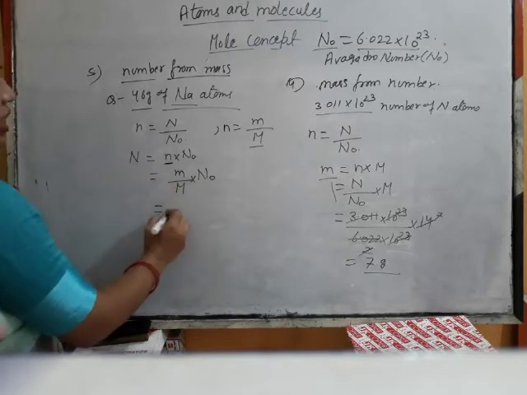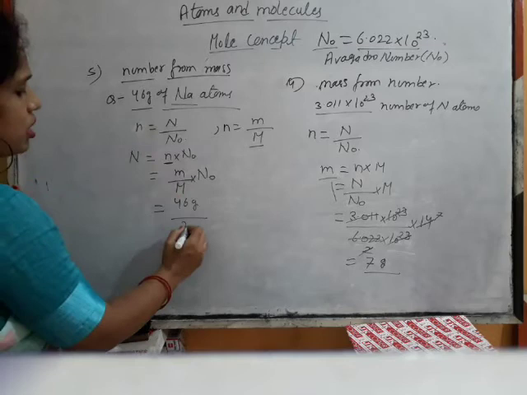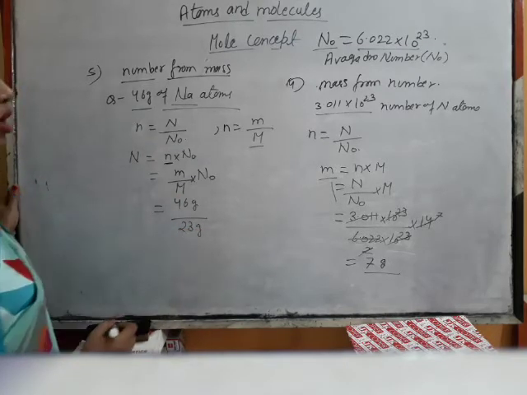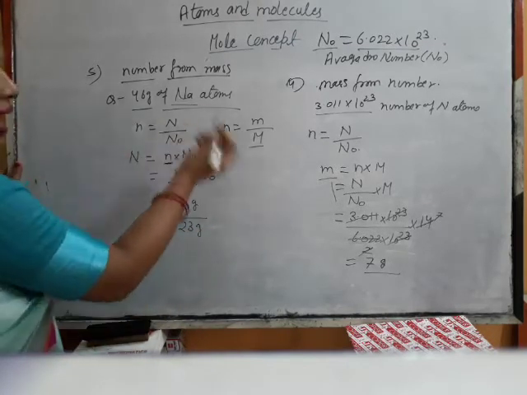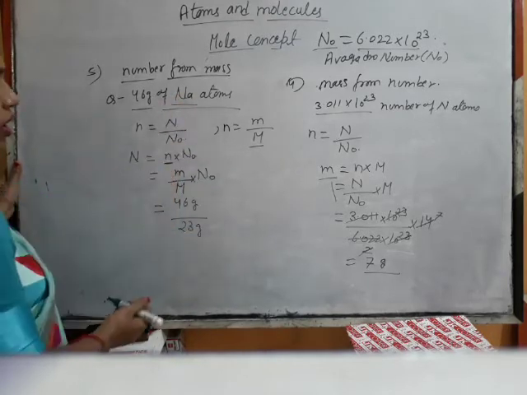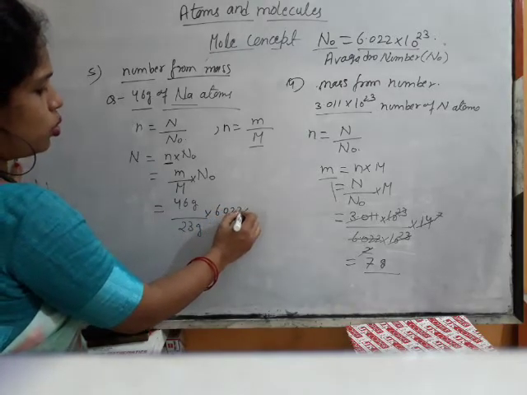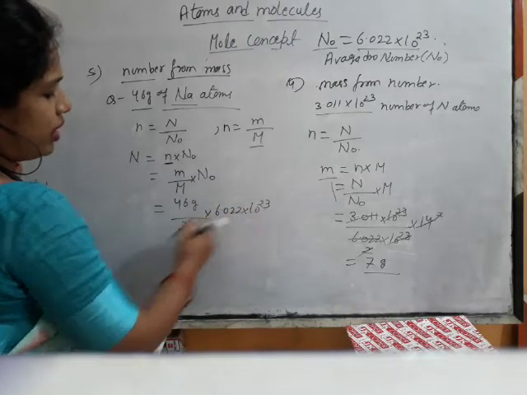So mass is the given mass, and the molar mass of sodium is 23 grams, that is the gram atomic mass of sodium. N naught is 6.022 into 10 raised to the power 23.